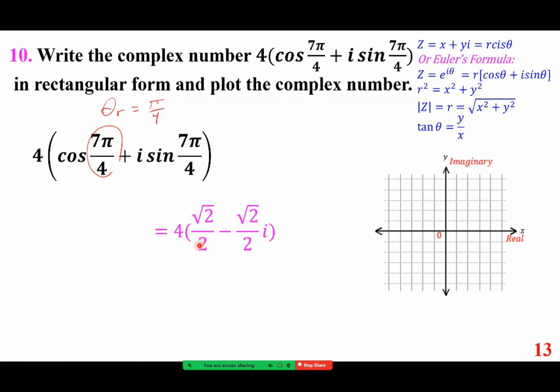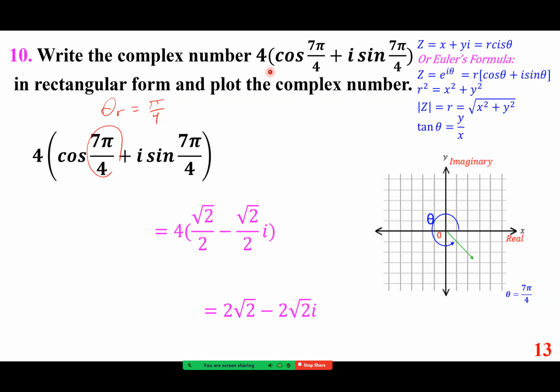Now 4 cancels out the 2, so this is 2 square root of 2 minus 2 square root of 2 i. 7 pi over 4 or minus pi over 4. So somewhere here. And how many tick marks? 4, if you will.